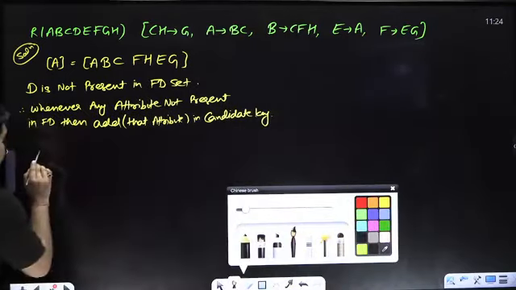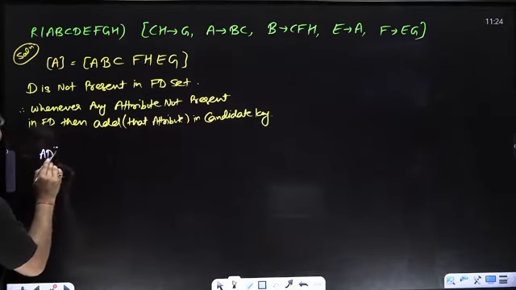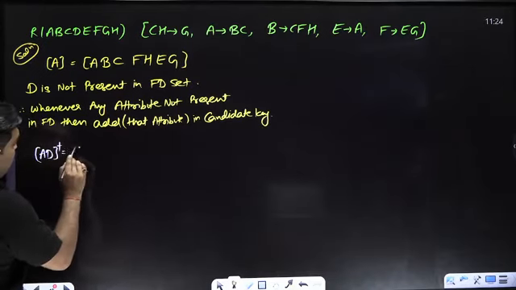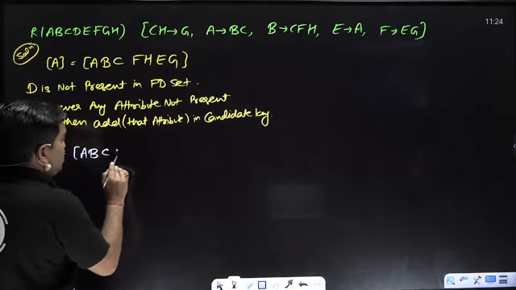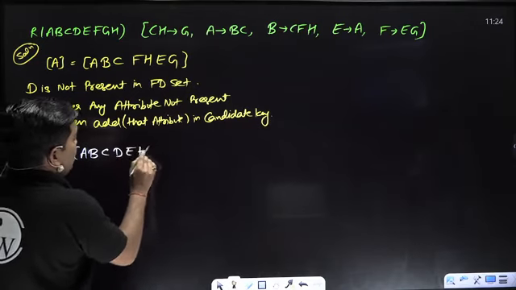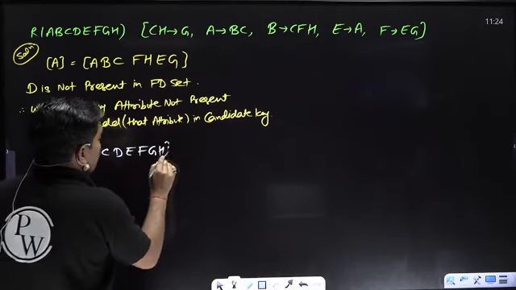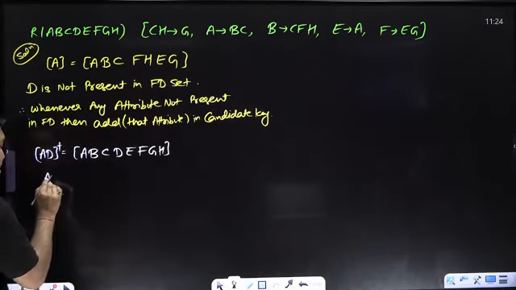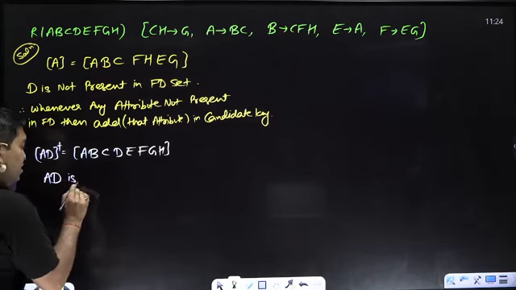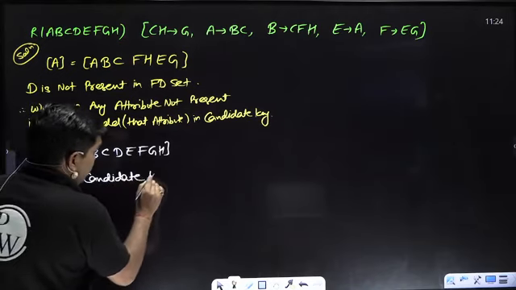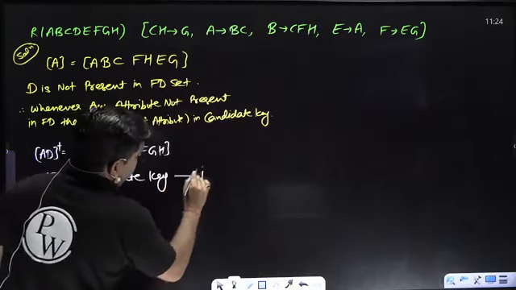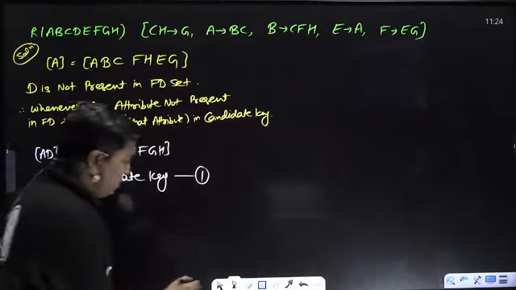Now I will check. When I add D and take the closure of AD, we get A, B, C, D, E, F, G, H, all the attributes, and we declare AD is a candidate key. This is one of the candidate keys. And what are the prime attributes?